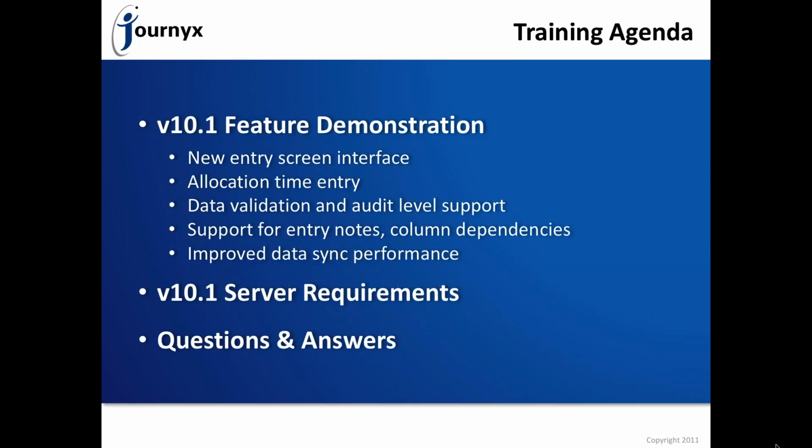Other new features: prior to this release, you could not do the more extended entry notes in mobile, and notes are now supported in mobile. Likewise, while we had support for project dependencies, there is a feature for column-to-column dependencies as well in the Journyx system, and that is now supported in the mobile app.